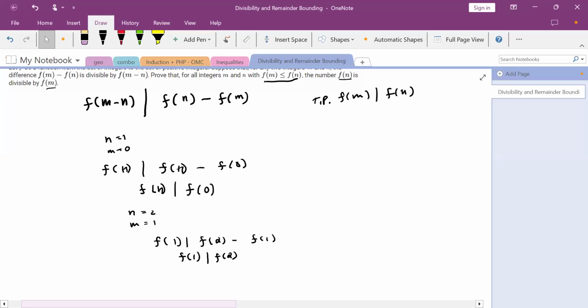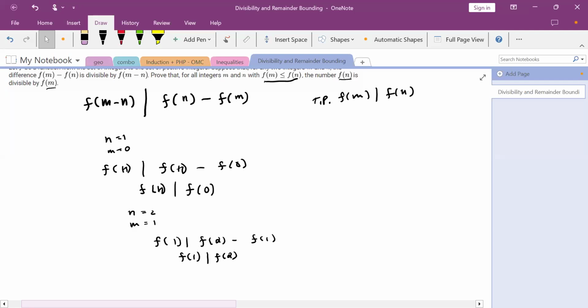Can't we say that f of 0 is 0 because all f of n divide f of 0? All of them divide f of 0, but they don't have to be 0. If we put m and n as 0, we get f of 0 divides 0. No, sorry, my bad.